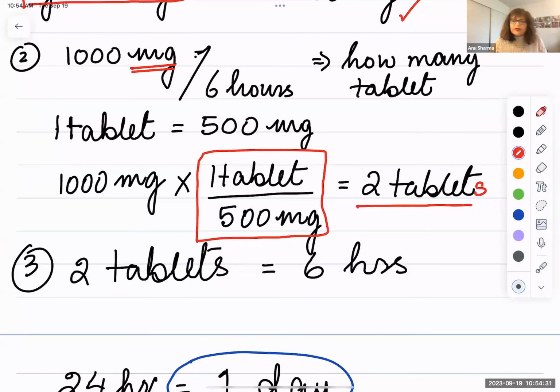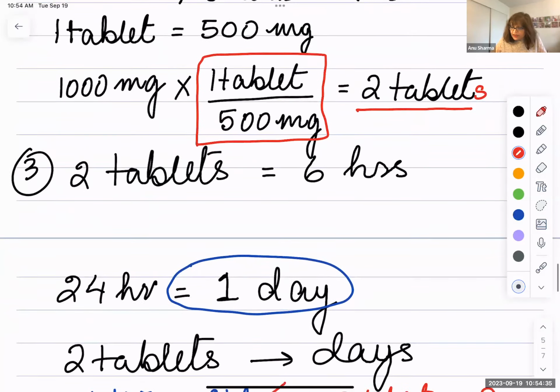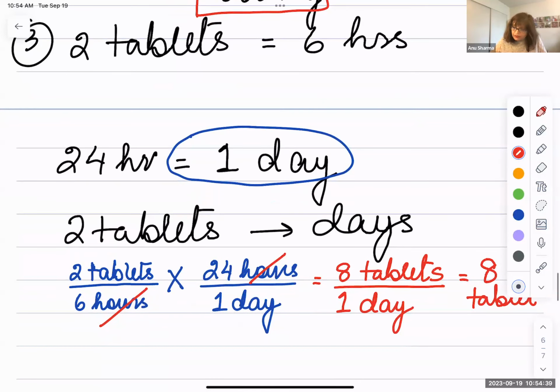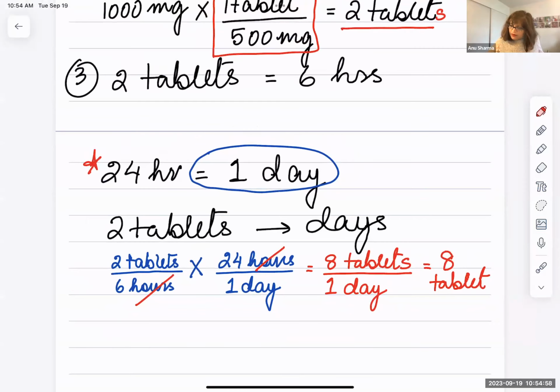In 6 hours we are giving 2 tablets, but in 1 day, which is made up of 24 hours, how many tablets will be given? You take the 2 tablets over 6 hours times 24 hours per day. Hours and hours cancel, and you get the answer. This is the way you will do this type of conversion.